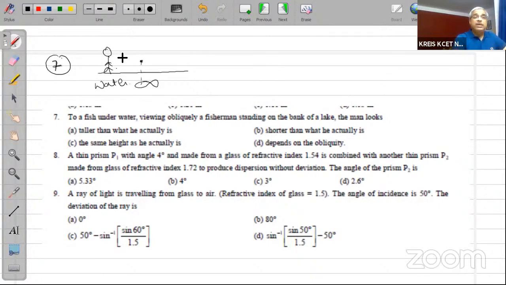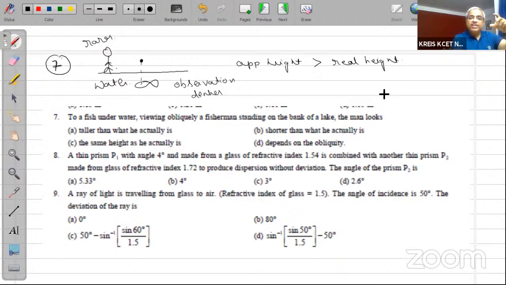Usually, if you keep any object in a rarer medium and make the observation from a denser medium, the apparent height will be greater than the real height, and therefore if the apparent height is greater, the fisherman should look taller than what he actually is. So A should be the answer to this question.